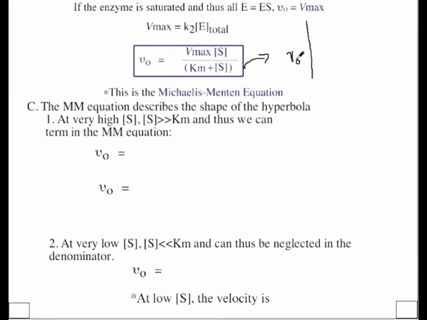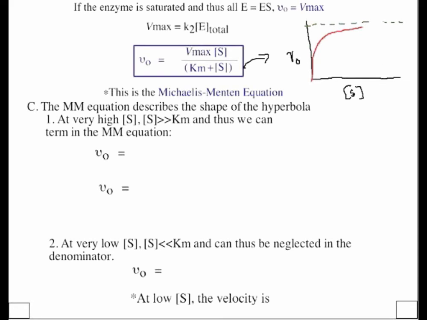Initial velocity as a function of substrate concentration, a rectangular hyperbola, I'll make it red. Of course, it's approaching Vmax, which I didn't do a very good job of at the very end there, did I?